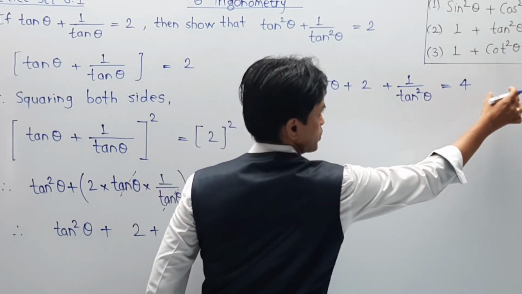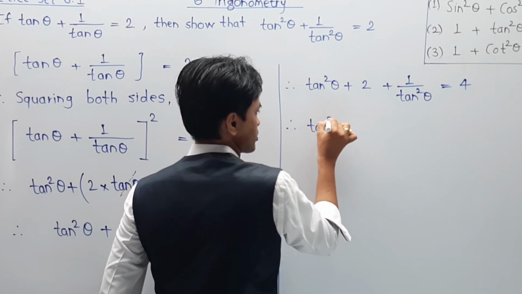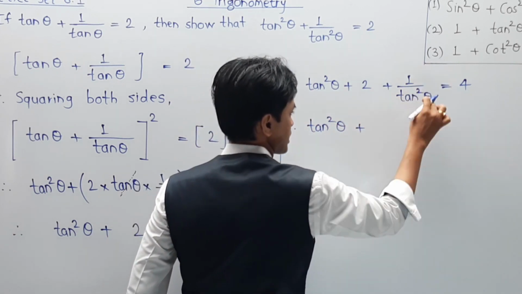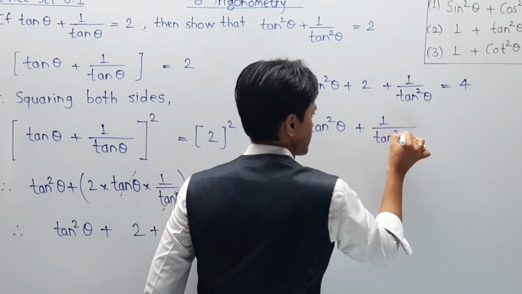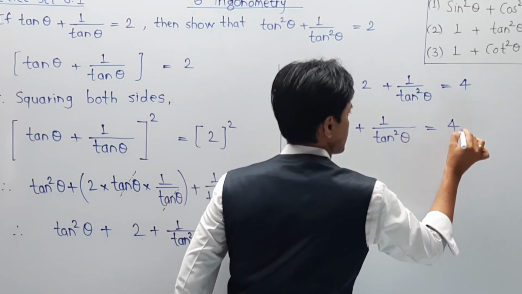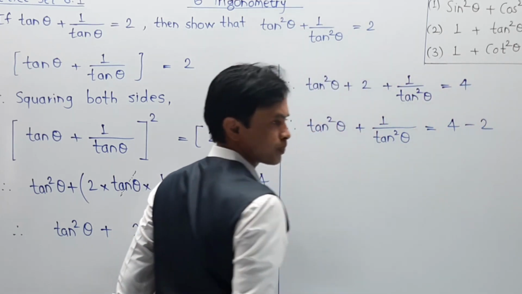Now shifting this 2 to that side. Therefore, tan square theta plus 1 upon tan square theta is equal to 4. Shifted to that side, the plus becomes minus 2.